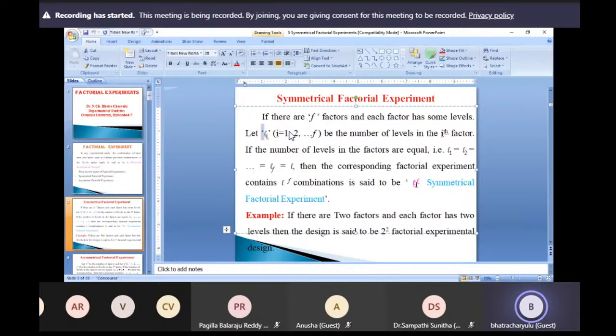So remember L power F: L stands for the number of levels, F stands for the number of factors. Factors is always the power, not the base, not F power L. Most of them are confused, that's why I am giving L power F as the standard notation. So if there are two factors, each with two levels, then the factorial experiment is said to be a 2 square factorial experiment.